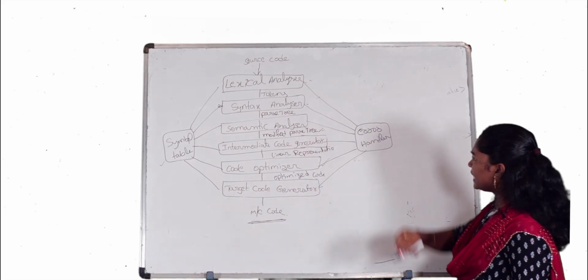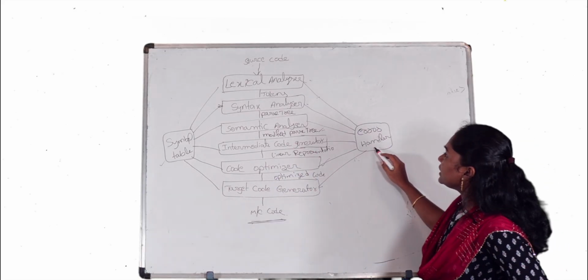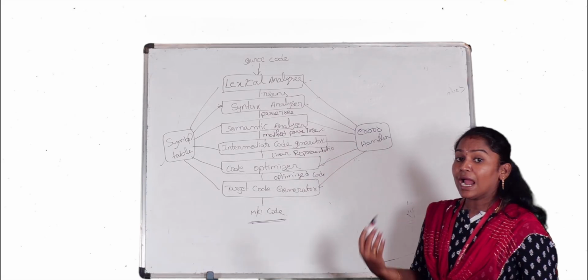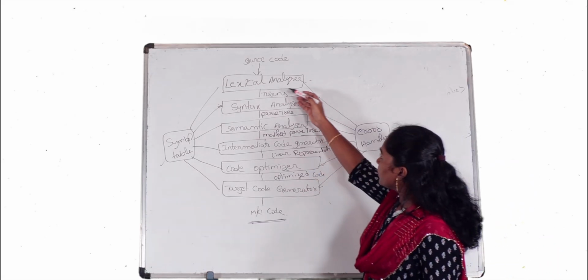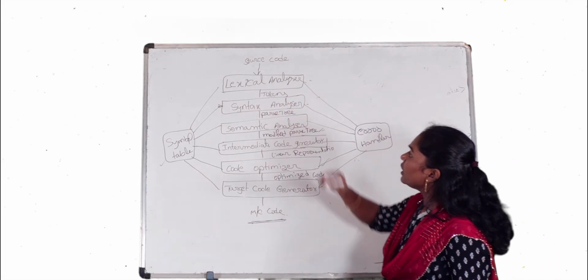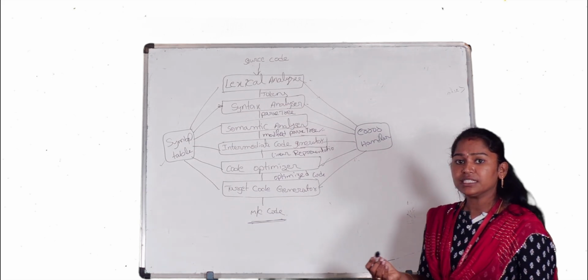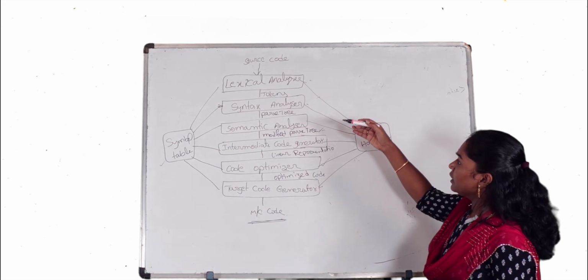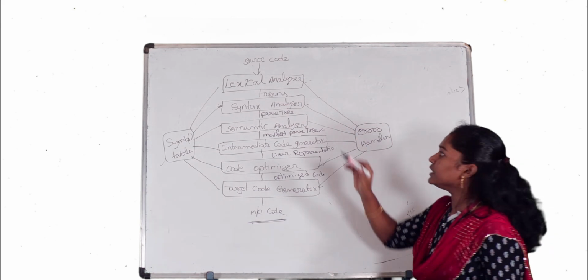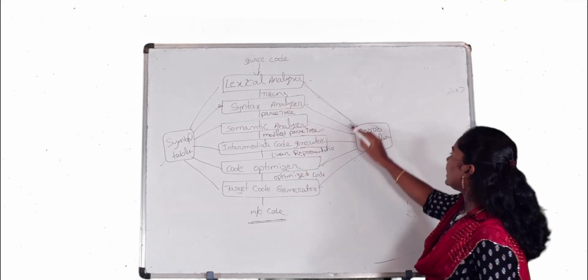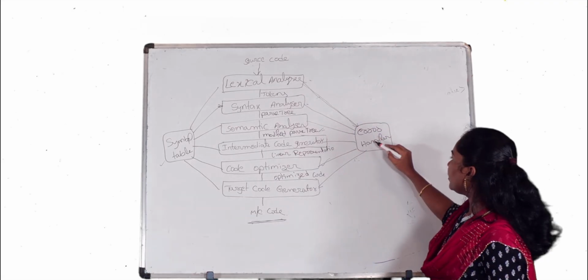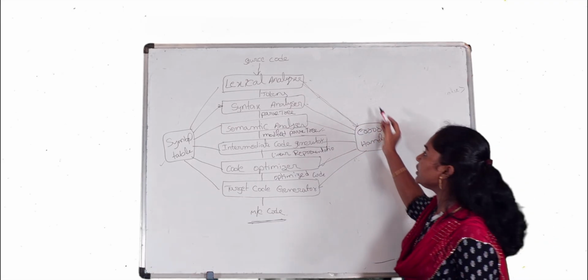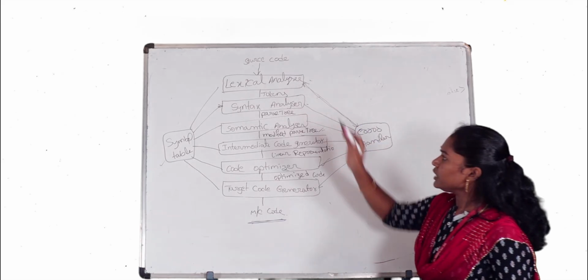Next, coming to the error handler. The error handler is used to handle errors. If the lexical analyzer finds any errors while it reads the lexemes, it notifies the error handler. The error handler handles those errors and sends the result back to the lexical analyzer.